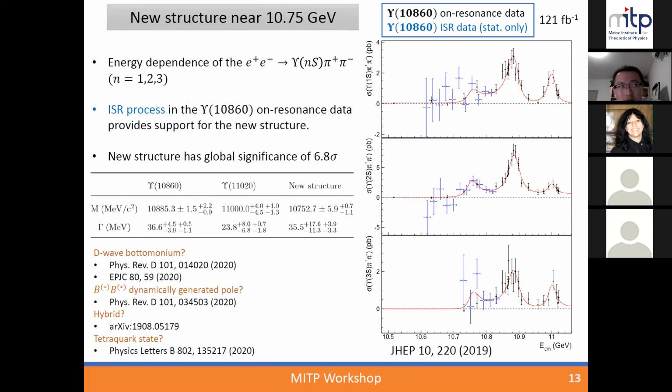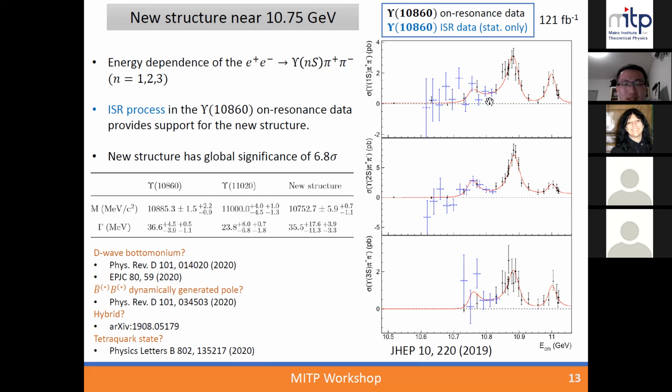There is almost no quarkonium study from ISR processes, and maybe this one is the closest one. Here you can see a new structure observed near 10.75 GeV.